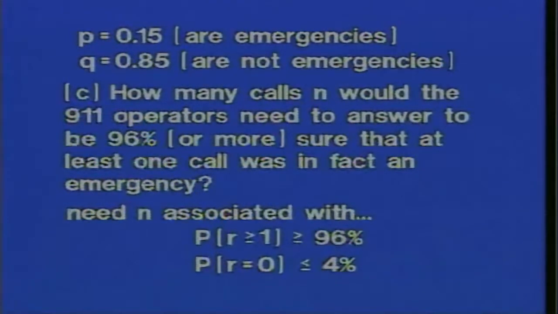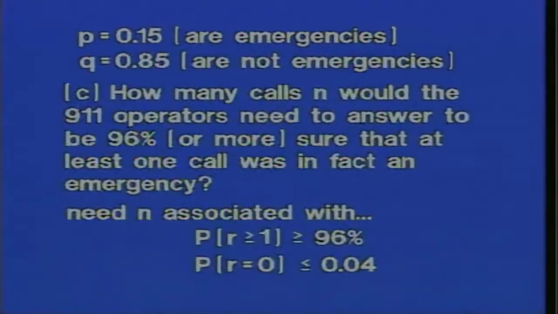And we can just look at the table for a particular value. 4% is 0.04. So we're looking in the table in the back of the book for an N associated with an R of 0 being less than or equal to 0.04.